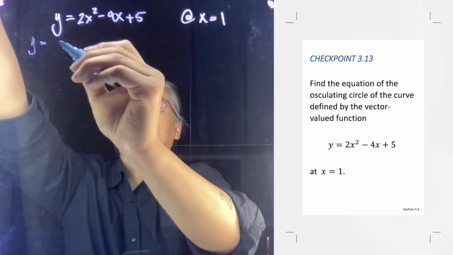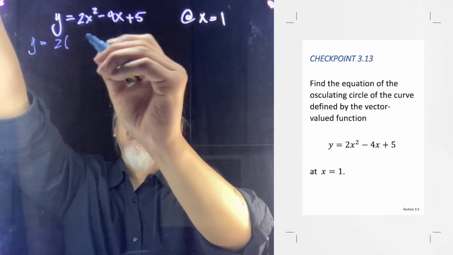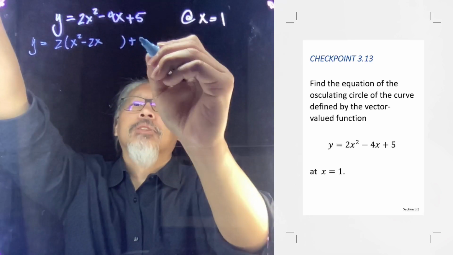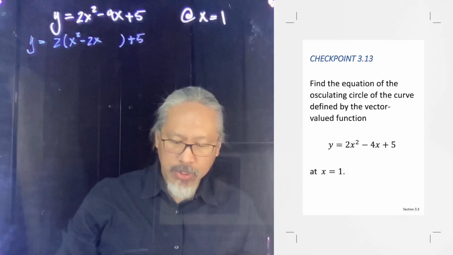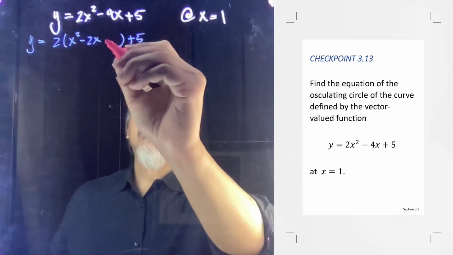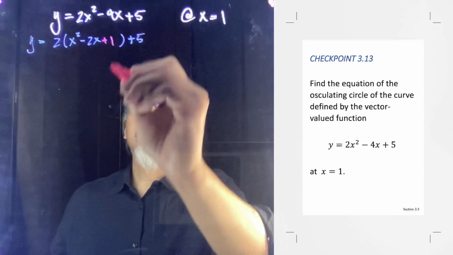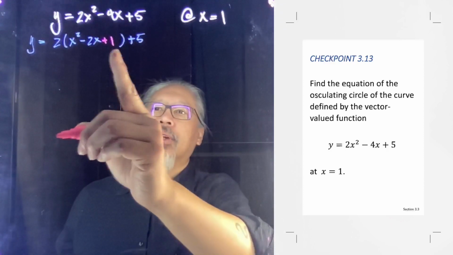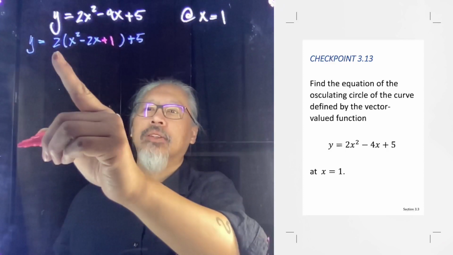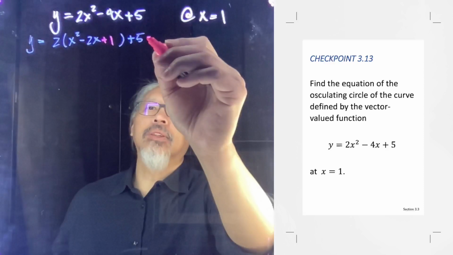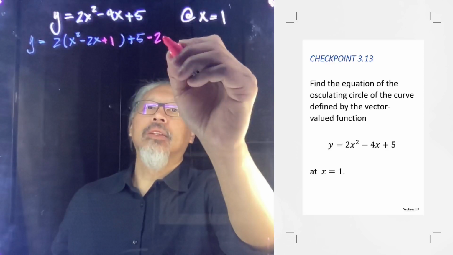So let's take a 2 out of the axis and let's leave a little space there, and we will add and subtract a term that would make this into a perfect square. So the thing that we would add would be 1, but we're not really just adding 1, we're adding a 2. And if we add a 2 on the same side, we'll also subtract a 2.